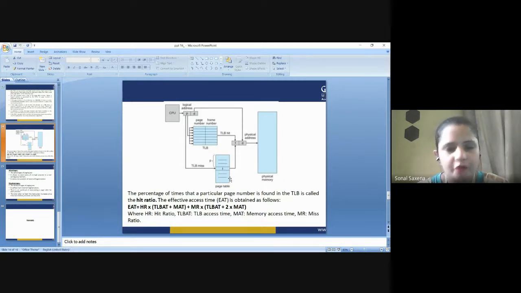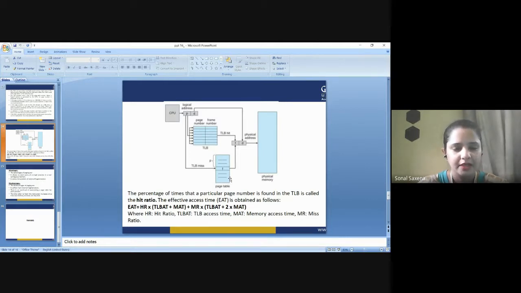So the percentage of time that a particular page number is found in the TLB, as I have told you, is called the hit ratio. And here the effective access time, which we call EAT, is obtained as follows. This is the formula of the EAT, effective access time, how much time it used for accessing. It is given by HR, that is hit ratio, multiplied by TLBAT, that is TLB access time, plus memory access time.